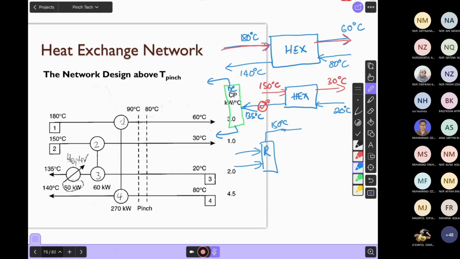Okay. Instead of exchange the energy, you perlu install cooler kat sini. Cooler. Alright. So that you can have your product at room temperature, for example, 30 degree Celsius.